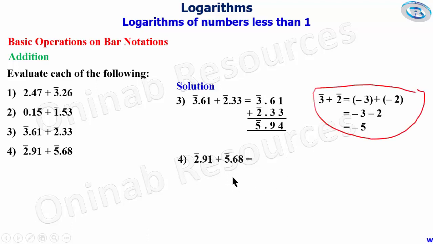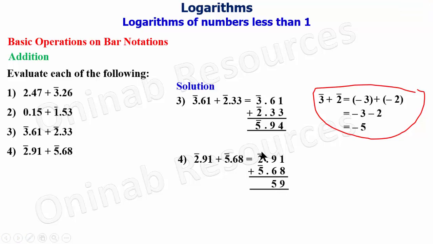Then we go to problem 4. Bar 2.91 plus bar 5.68. In tabular form again, we have bar 2.91. The bar 5 is coming under bar 2. So we have it as bar 5.68. So we add 8 plus 1 gives 9. 6 plus 9 gives 15.